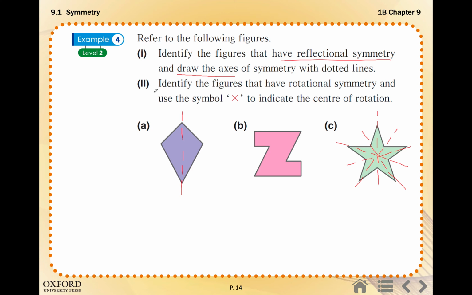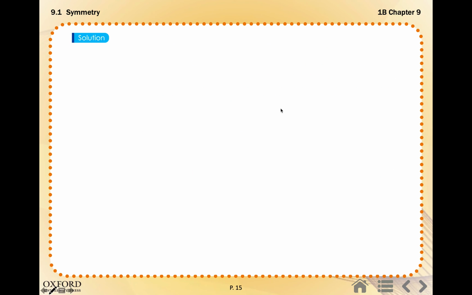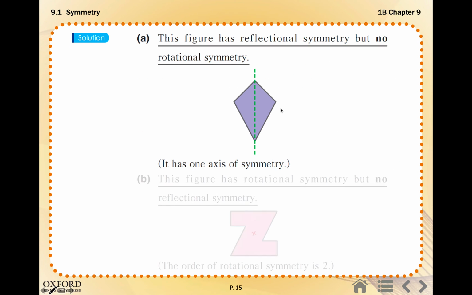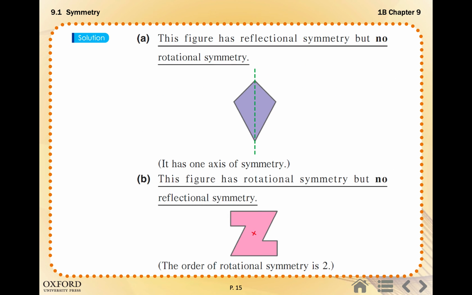And then part 2, another task is that you have to identify the figure that has rotational symmetry, and also use the cross to indicate the center of rotation. And for this part, it's also easy. So I just want you to look at the solution here. Can you see that we have to state that there is reflectional symmetry, but no rotational symmetry.